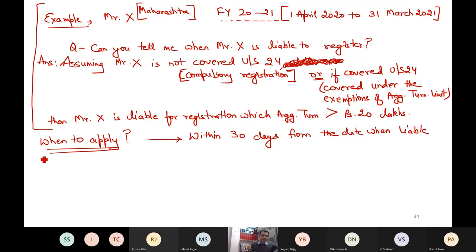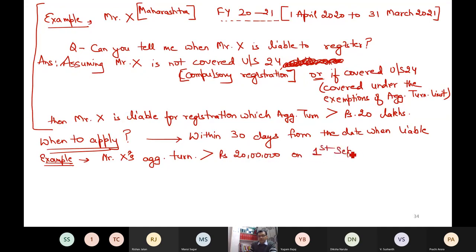So let me continue the same example. Mr. X's aggregate turnover exceeds rupees 20 lakh on 1st September 2020.